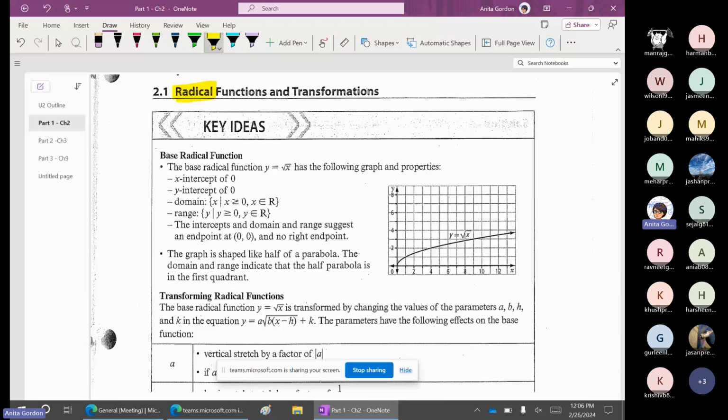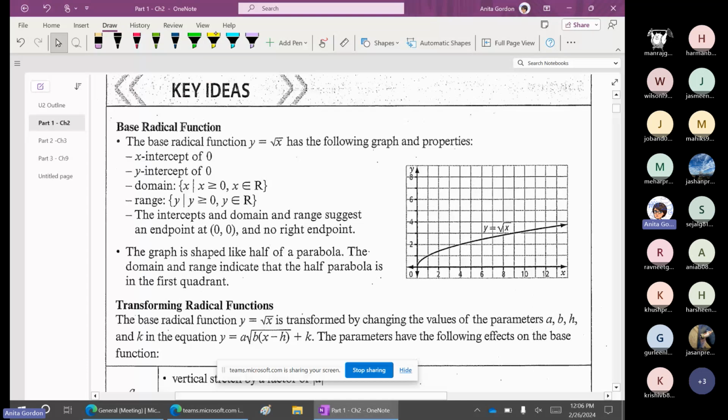So today is an overview reminder of what we did in Unit 1. Our base function for a radical is always square root x. We know that the intercept for this is at 0 for the x-intercept and y equals 0 for the y-intercept as well, meaning that our graph starts at the point 0, 0.